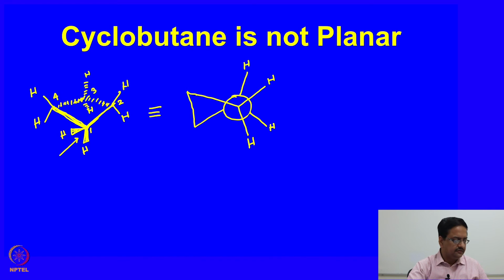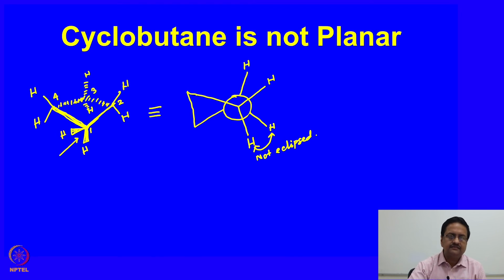Here the hydrogen atoms are not eclipsed, and not actually in the gauche conformation at about 60 degrees. So it is not 60 degrees, but it is not fully eclipsed.